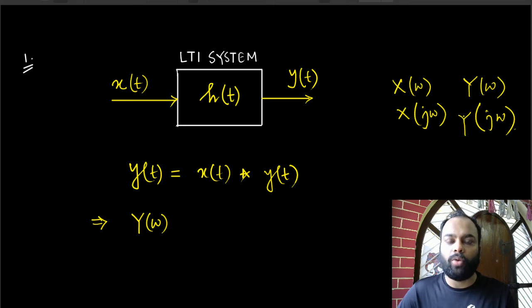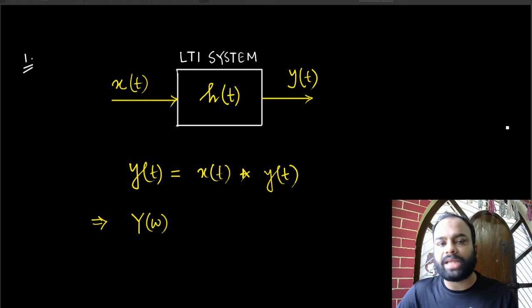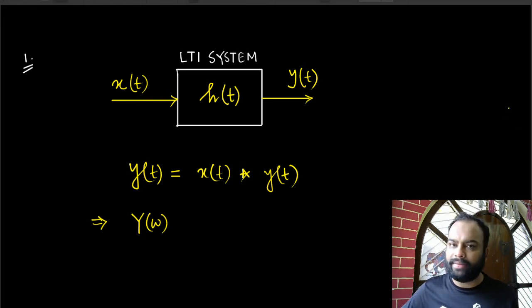Any of the formulas, nothing will change. Some people like to write X(omega), some people like to write X(j omega). So if you want to use this notation, just write X(j omega), and you don't have to change any of the derivations or expressions. You just have to write X(j omega) wherever you want to write X(omega), and that's it.